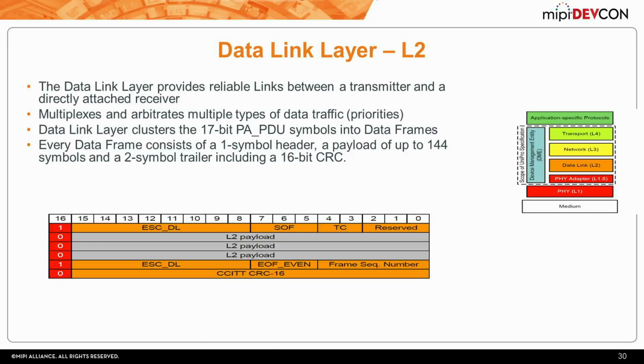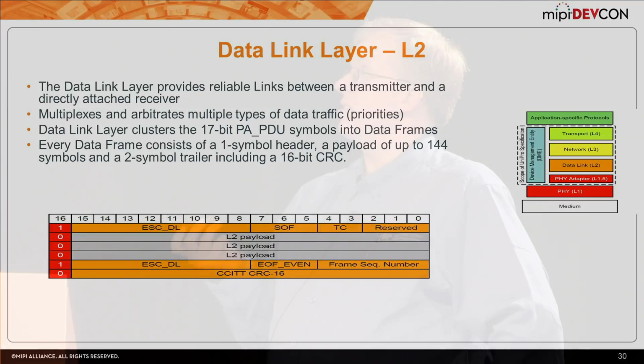A frame at layer 2 looks a bit like this. They all start with the same kind of header, and then the layer 2 payload is in here. So this is layer 2. This is really your flow control and your ACK and NACK mechanism, making sure that packets or frames get across the link intact.